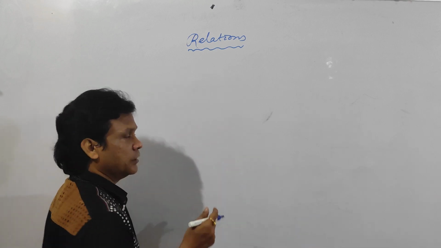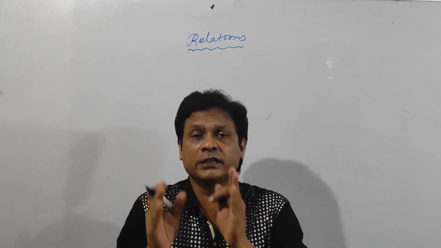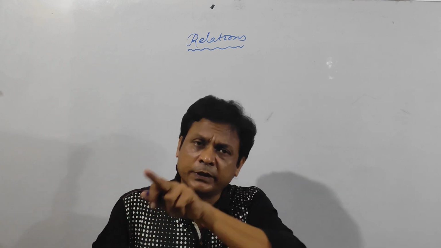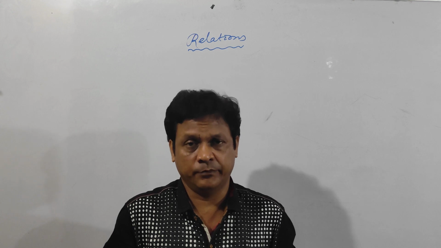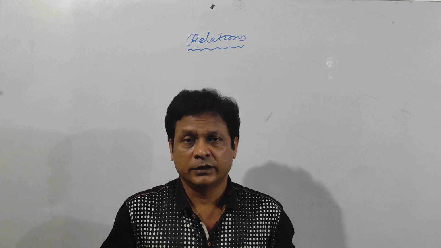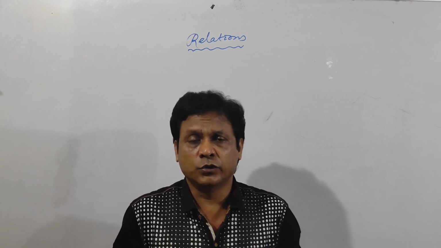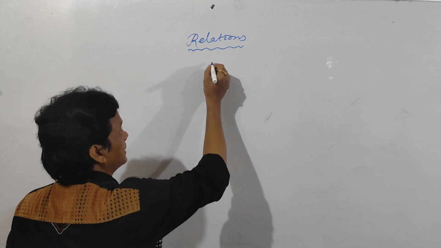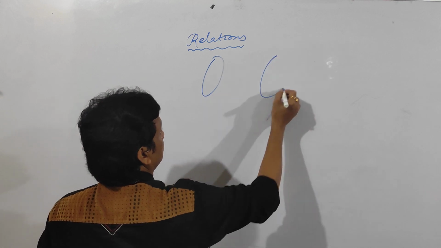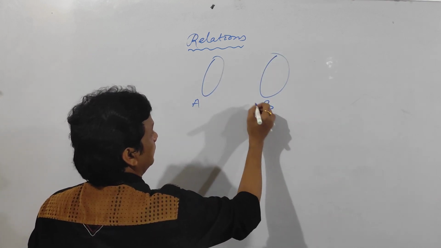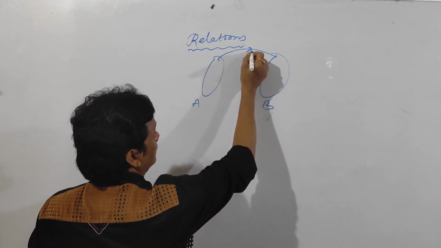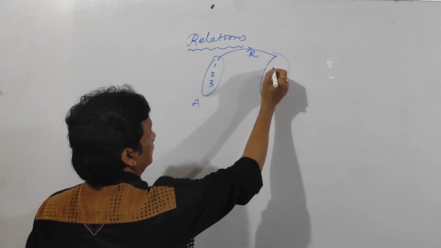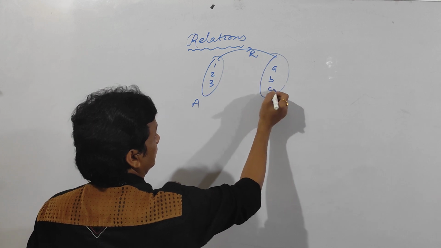See here, a relation from set A to set B means the elements of A must be related to elements of B. Clear? And that means those are the elements of A cross B. See here, I am giving an example. This is set A, this is set B, and R is the relation from A to B. 1, 2, 3. This is a, b, c.